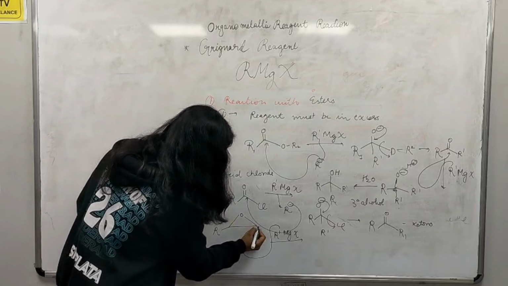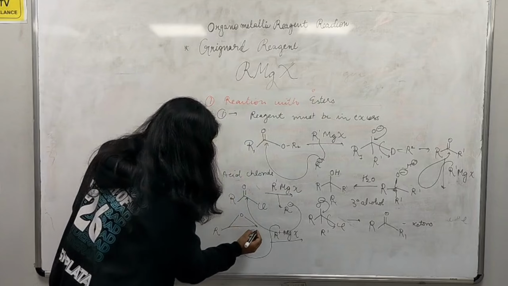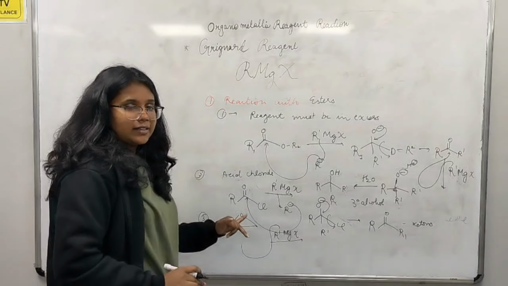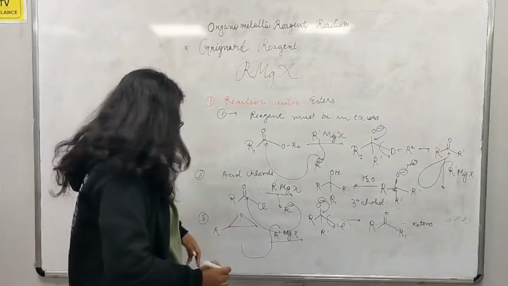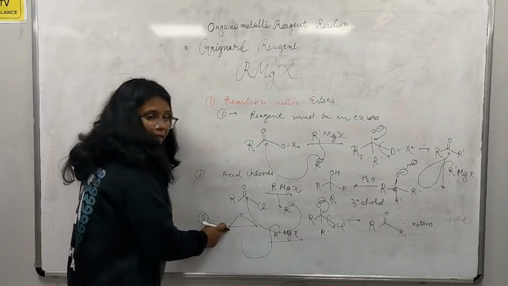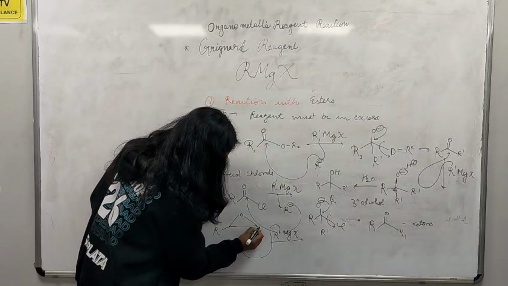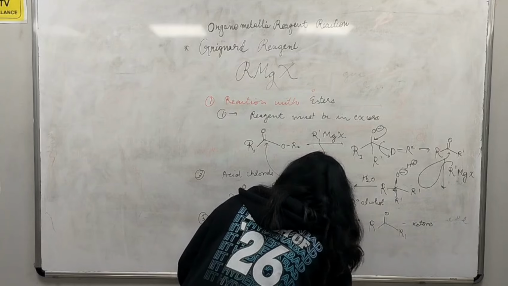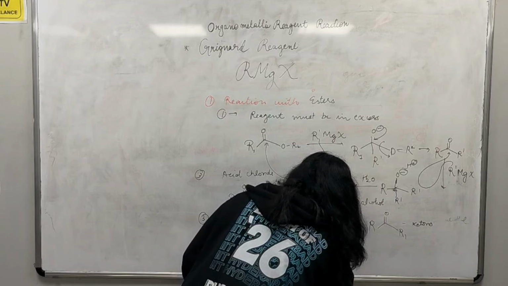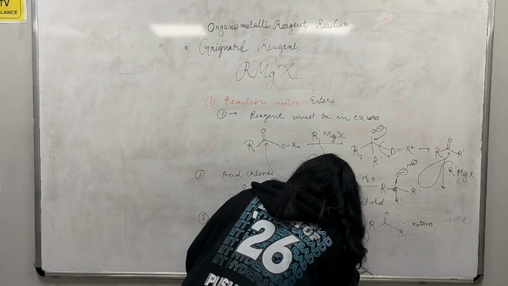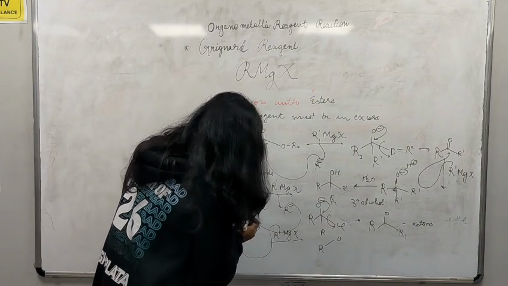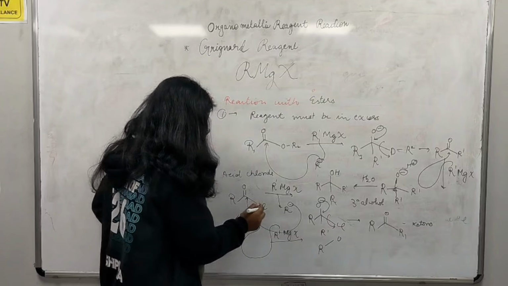It has two possibilities, from this side or this side. So here the steric factor also comes into the picture. This R negative will not attack at this position but at this position, so the ring will open from this side.